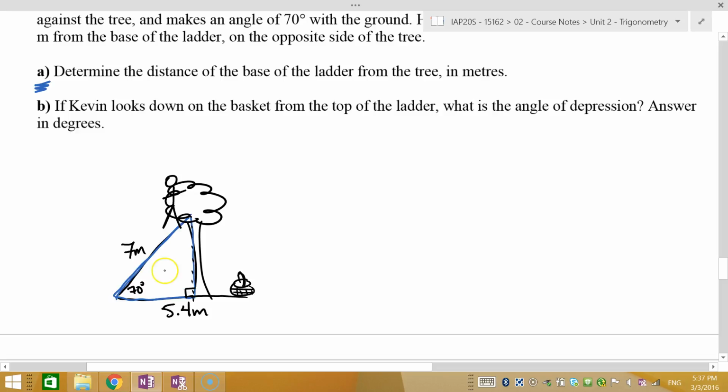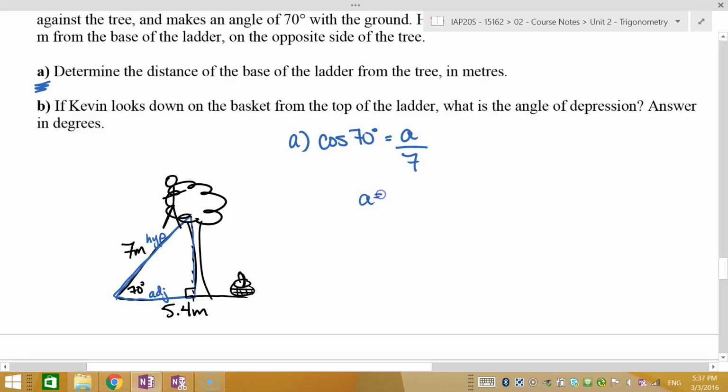So I know the hypotenuse, and it's asking the distance between the base of the ladder and the tree, which would be adjacent right here. And so hypotenuse and adjacent for part A, I'm going to use cosine. A for adjacent over the hypotenuse.